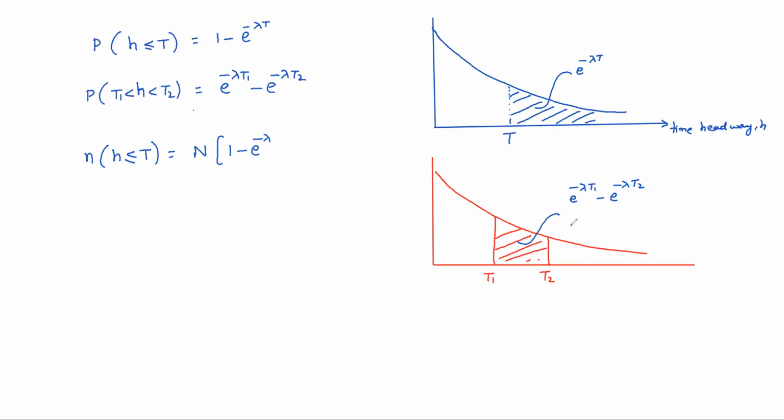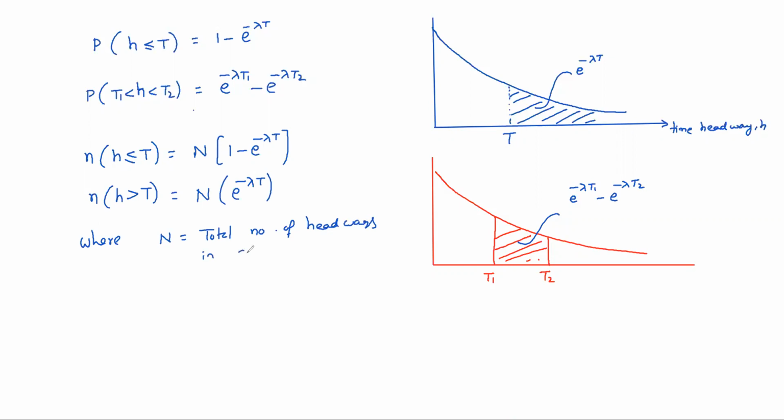Greater than, correct? E power minus lambda t. Okay, so less than means capital N into 1 minus e power minus lambda t, or otherwise number of headways greater than t means capital N into e power minus lambda t, where N equal to total number of headways in given time.